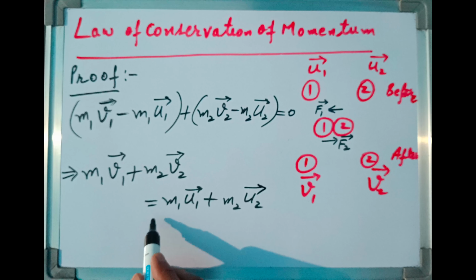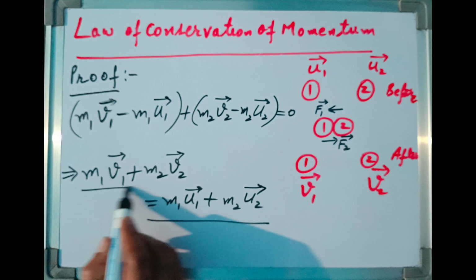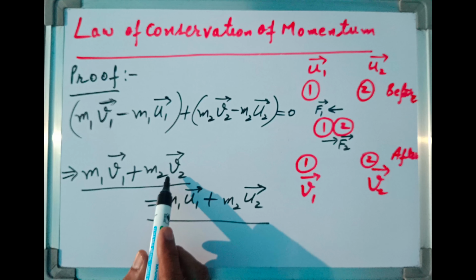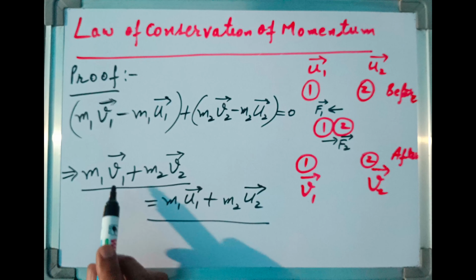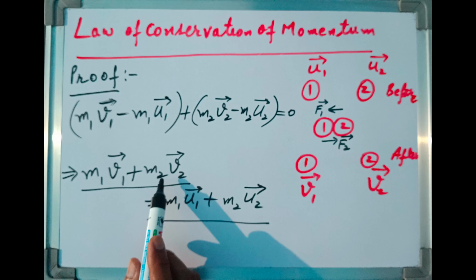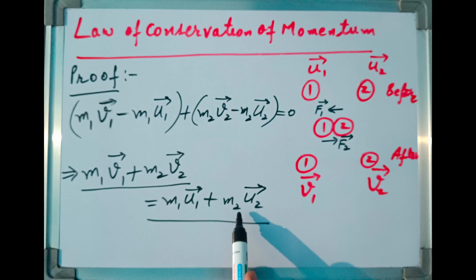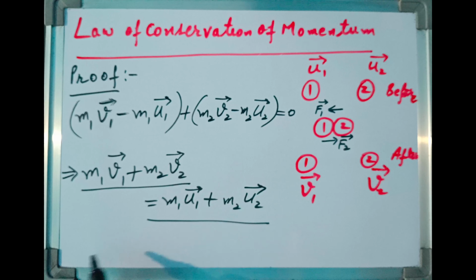So this last expression represents the total momentum of the system of two bodies after collision, because momentum means mass into velocity, equal to the total momentum of the system before collision.